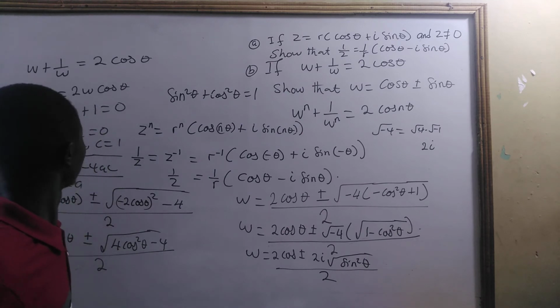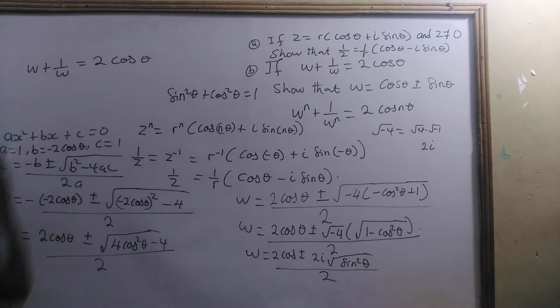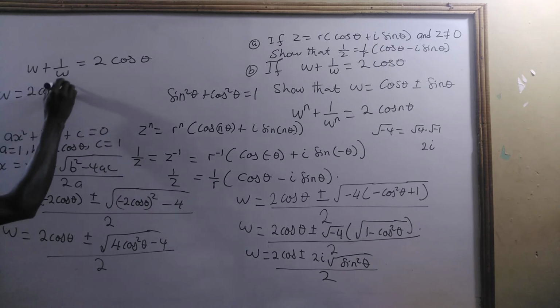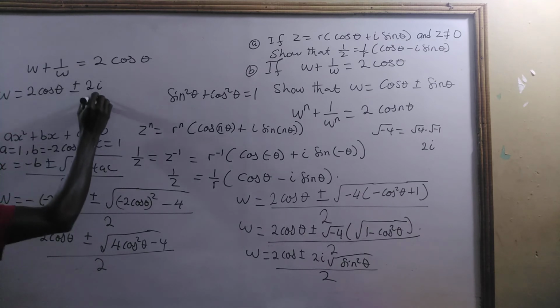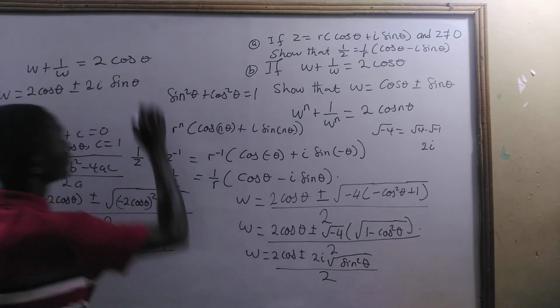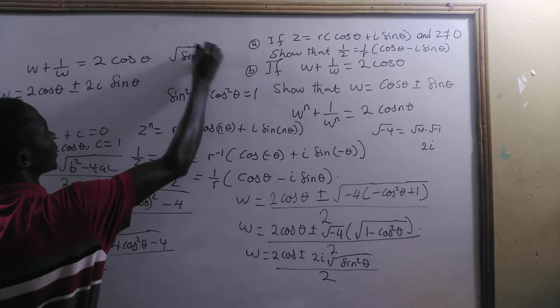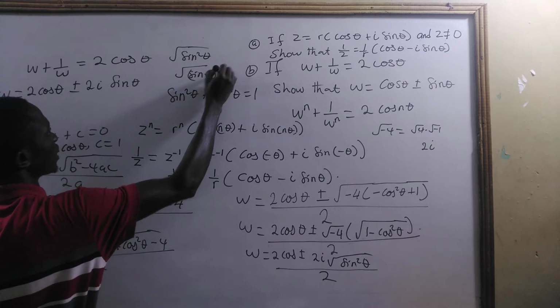Wow. So we are going to have w equal to 2 cosine of theta plus or minus 2i sine of theta, because here the square root of sine squared of theta is sine theta, the square and root go away.